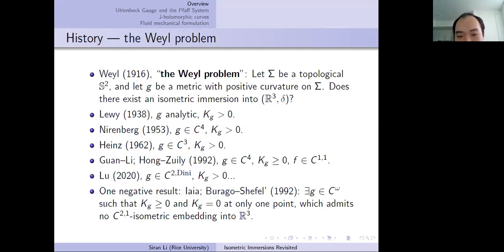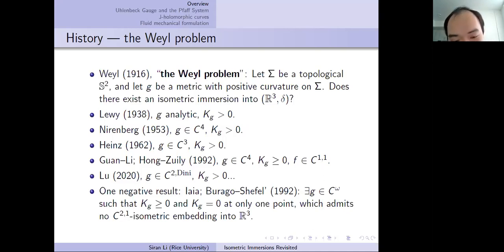And there is one negative result for the degenerate case. In 1992, Pogorelov and Brago-Scheffel, using different methods, produced a metric which is real analytic and has Gauss curvature strictly, sorry, this is a typo. So Gauss curvature strictly, no, it's correct.